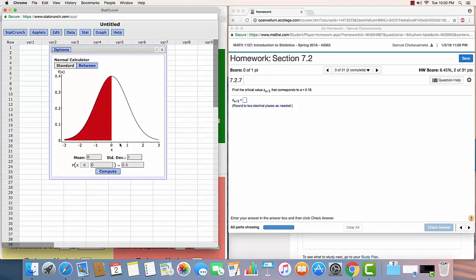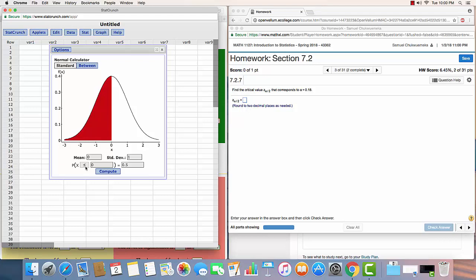So the critical value is the z-score that corresponds to an area of 0.09, that's 9%, in the right tail of the normal distribution.